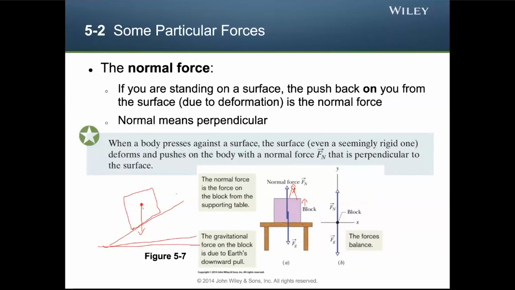So the normal force that's acting on this is perpendicular to this plane. So it's actually acting like this. Because again, you want to tell yourself, is this thing moving through this plane? And it's not. It's sitting on top of it. Therefore, the normal force must be acting against it.